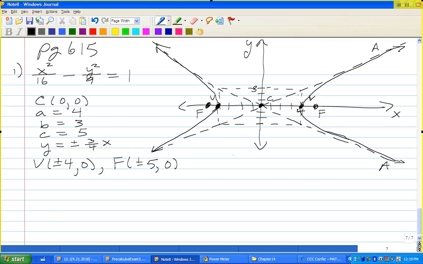Notice rise 3 over run 4, and it goes to the origin. The length of the real axis, well, this length here, 4 plus 4 is 8. Okay.